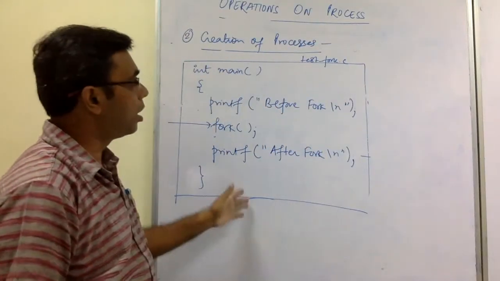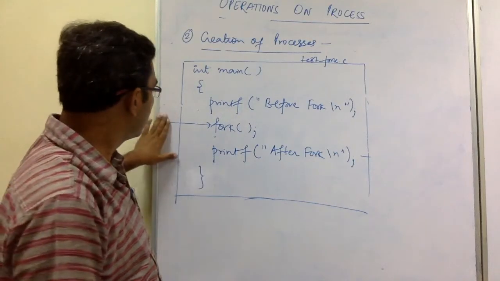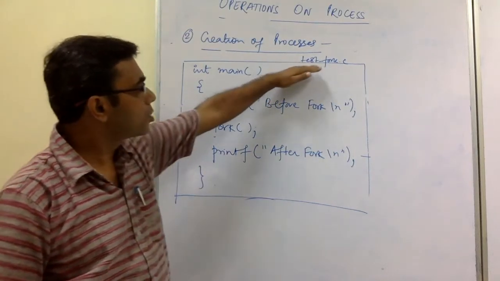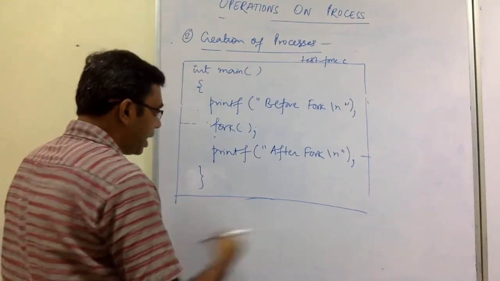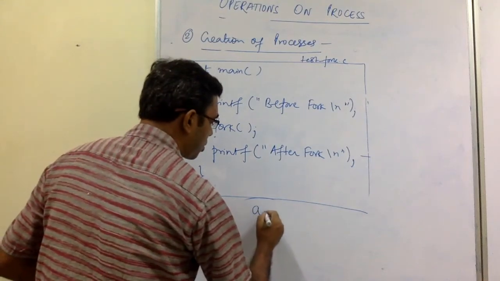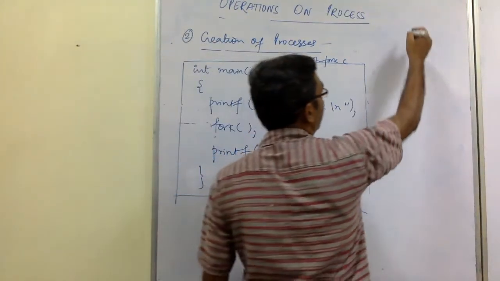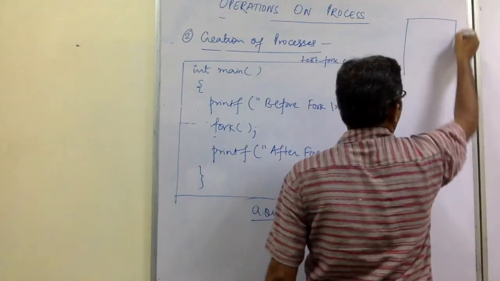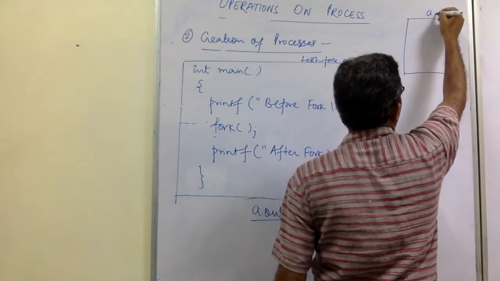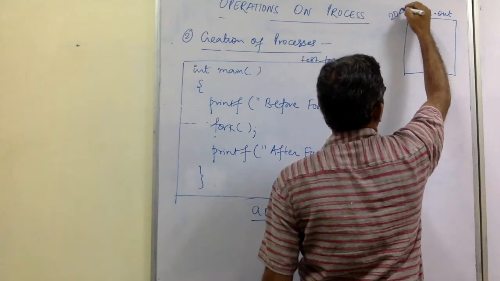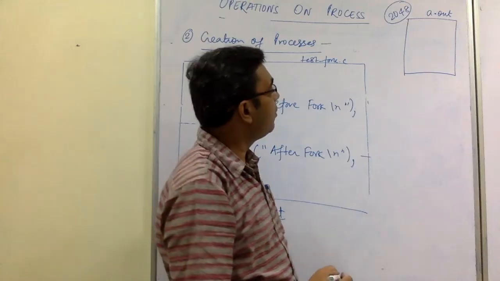So here's a code, and let's say this piece of code, which is called test_fork.c, has been compiled, and that has resulted in a process called a.out. So here we have this process called a.out, and let us say this a.out process has a process ID 2048, and what do you have in this process?